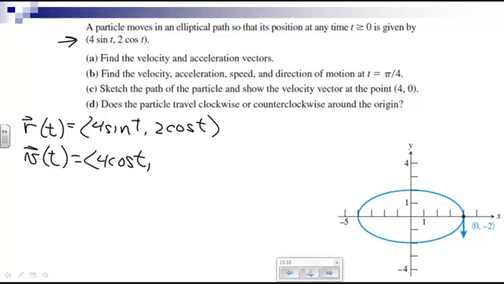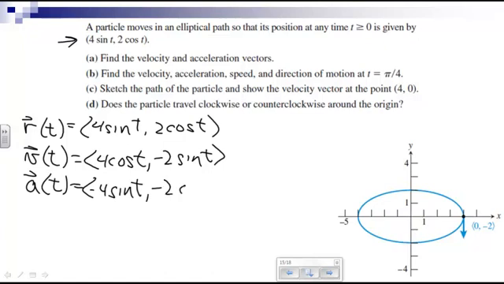The derivative of 2 cosine t is negative 2 sine t. Okay, so there's the velocity. What about the acceleration? Take the derivative one more time: negative 4 sine t, negative 2 cosine t.